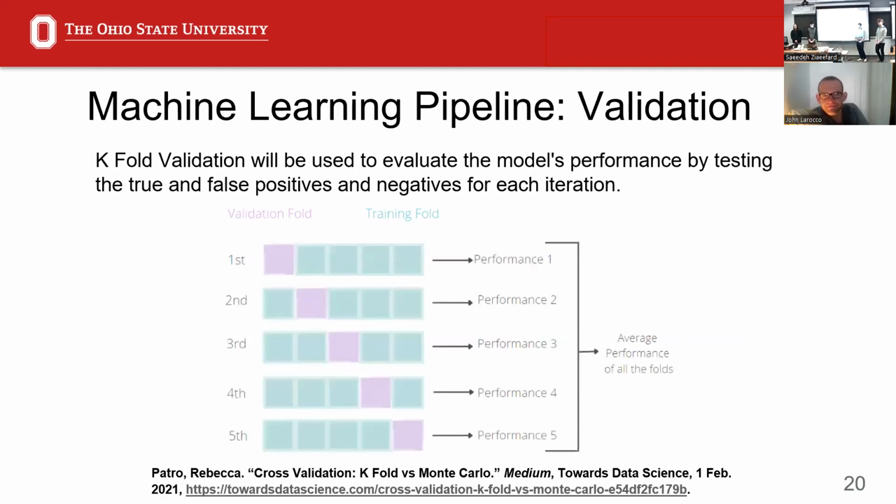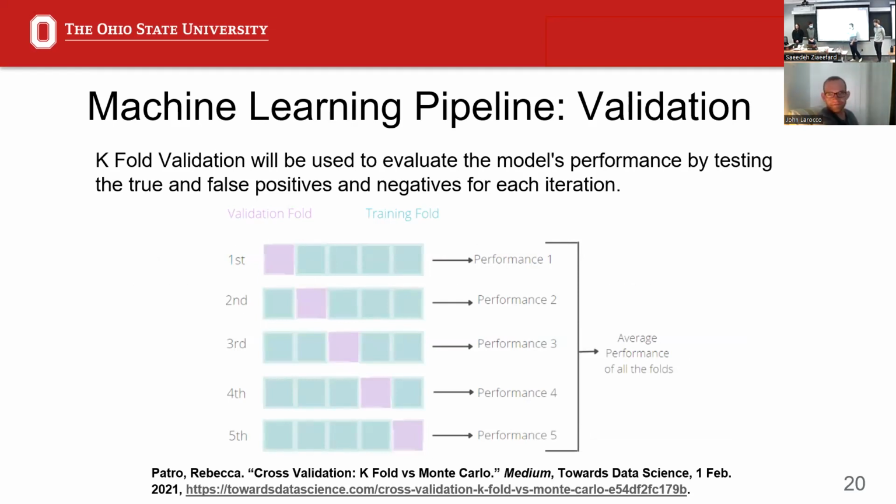Finally, this is our validation step. This is to test how accurately and precisely our model is able to classify these phonemes. This is, again, common in the machine learning industry. It's called k-fold validation. Assuming that you have a total set of data, you discretize your data into 5 total pieces.